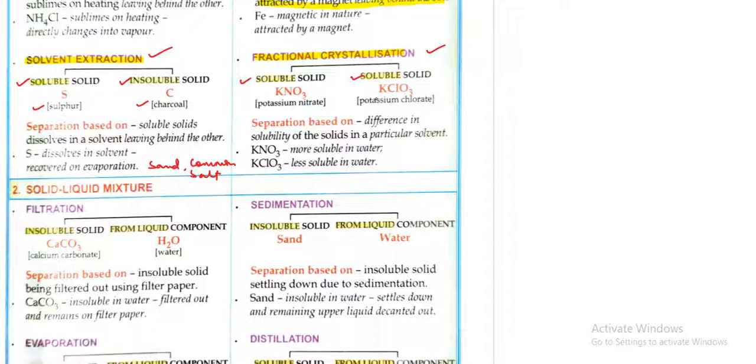Suppose the two components are potassium nitrate and potassium chlorate. Both are soluble in a particular solvent, so both will be dissolved in water and then we will crystallize them. If we crystallize, we will get potassium nitrate and potassium chlorate separately. We can separate them very easily.